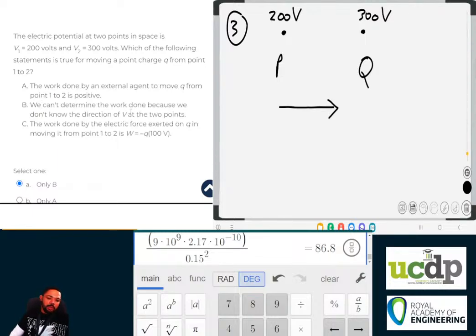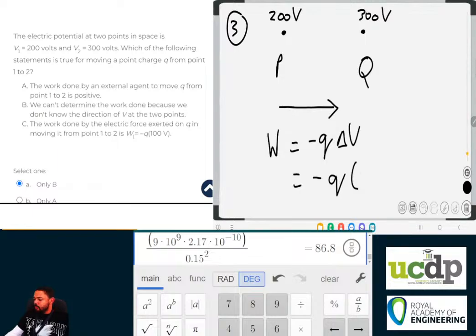Now we can't determine the work done because we don't know the direction of V. V does not have a direction, because it is a scalar. Now the work done by the electric force exerted on Q in moving it from point 1 to 2 is, now we know that work is equal to negative Q delta V, which in this case, negative Q is the charge, and the difference in voltage is 300 minus 200, which is 100 volts.